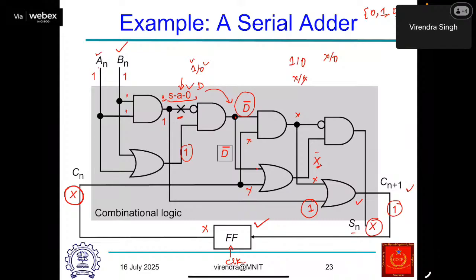Now why is this happening? This is happening because of this x that I'm assuming from the flip flop, because I have no control over the flip flop. Whenever a flip flop starts, some flip flops start in state 0, some start in state 1, and therefore I cannot say anything. That depends on how that flip flop is manufactured.